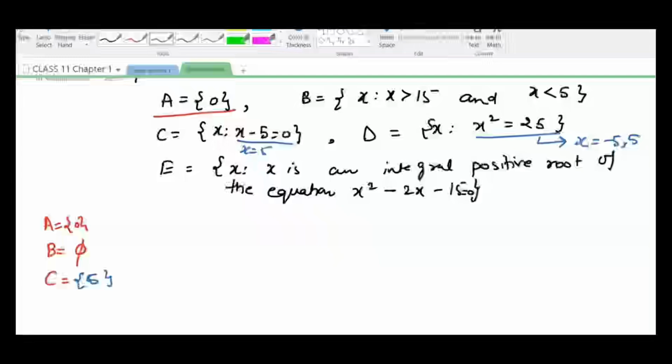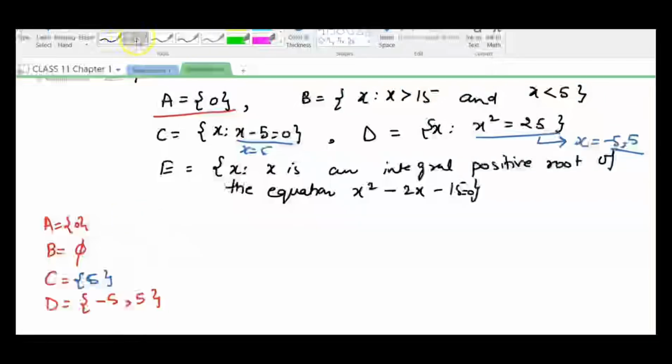Now, it is not written whether it is a natural number, integer, real number or rational. So, we will simply take x as a number and x square is 25. So, we will take both the numbers. We will get D as {minus 5, 5}. Till now, no sets are equal to each other.